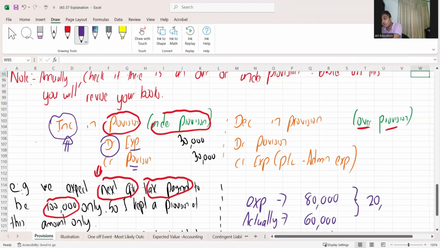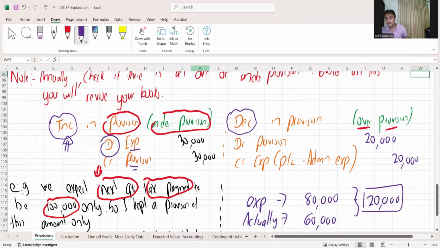You all have overestimated. You all have over provisioned your provision for income tax by 20,000. Therefore, what you all need to do? You all need to go and decrease the over provision in terms of your tax expense. By how much? 20,000.